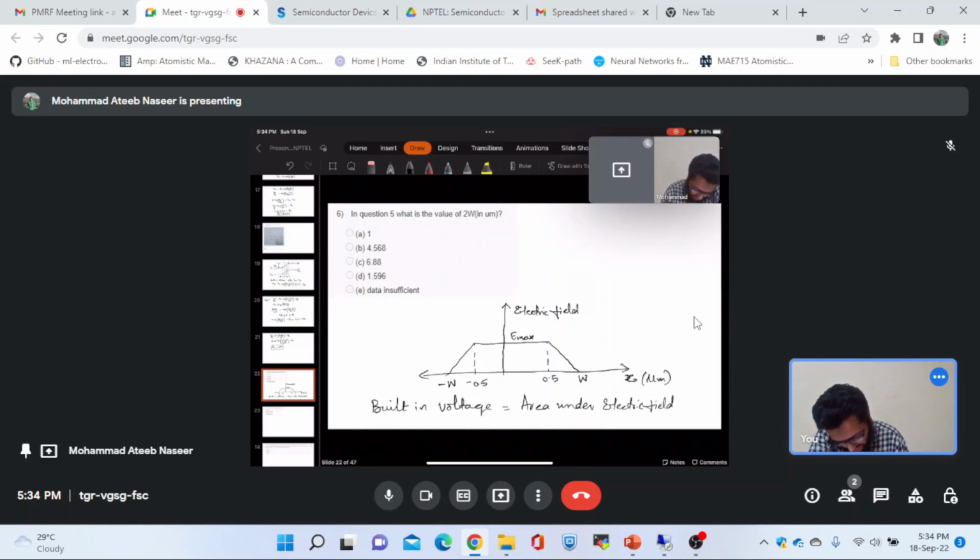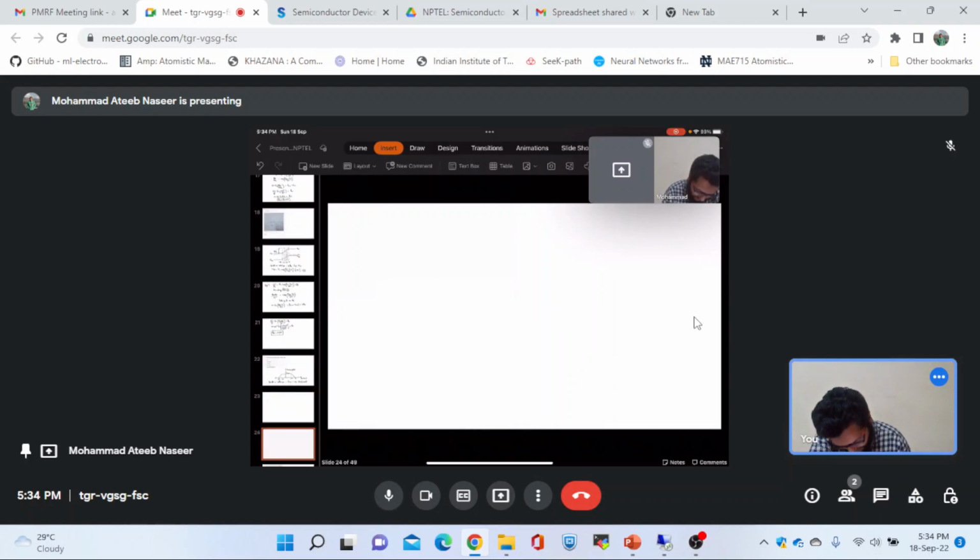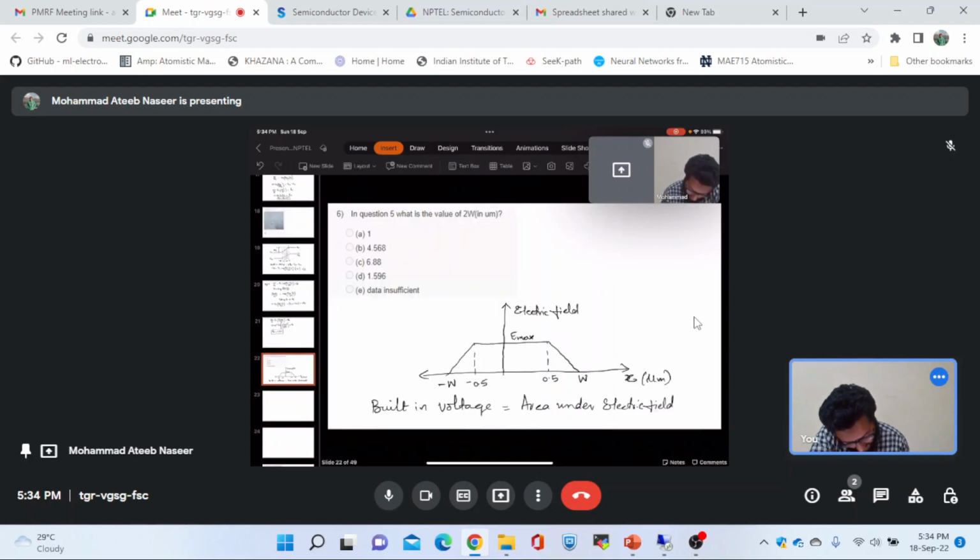So if we calculate the area, this is some rectangle with width of 1 and the height of E max, and this is some triangle with base equal to W minus 0.5 and the height equal to Emax.